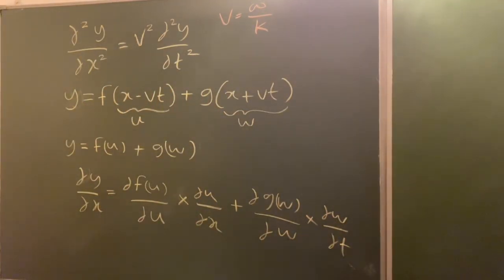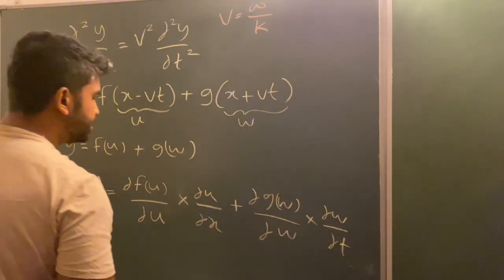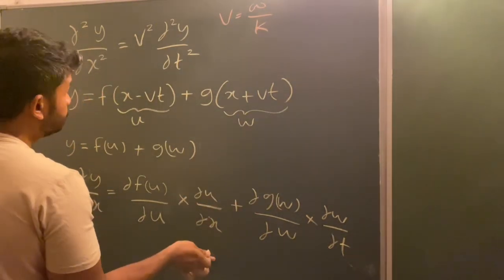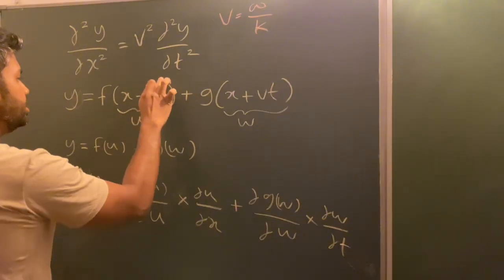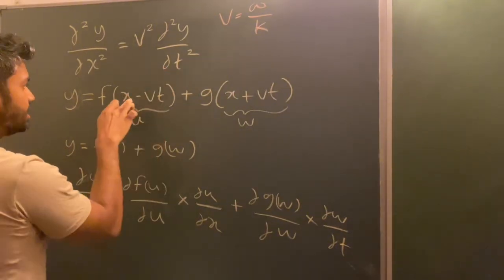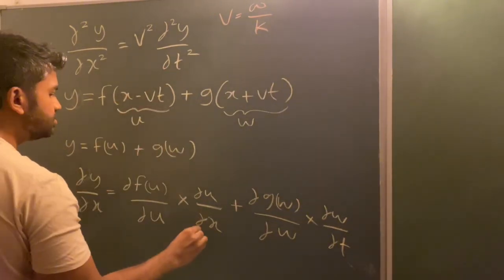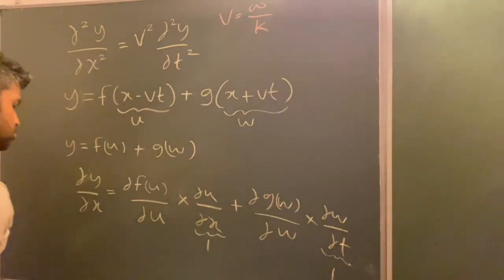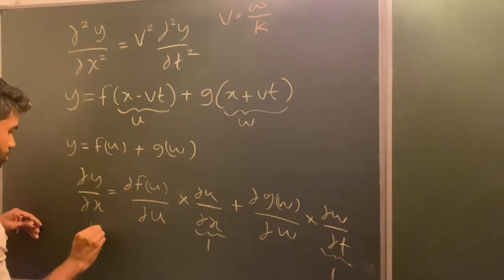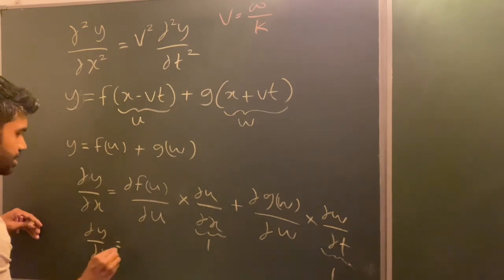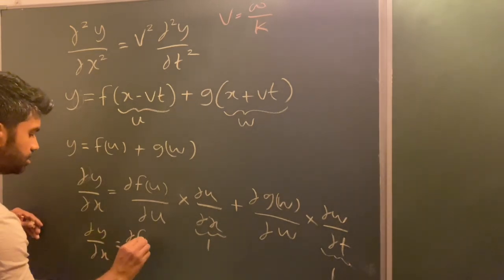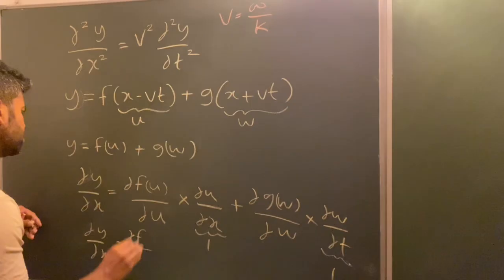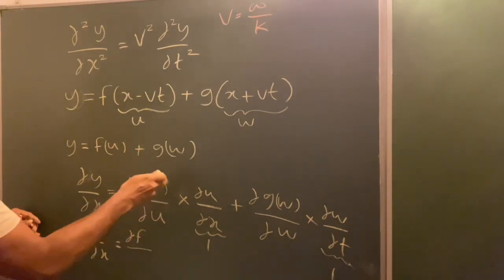Almost there now. But here something interesting I want to show you guys, dabba u over dabba x. Now when t is a constant and x is the variable, this one will be 1 and this one will also be 1. So I will end up with dabba y over dabba x is equal to dabba f over dabba u.